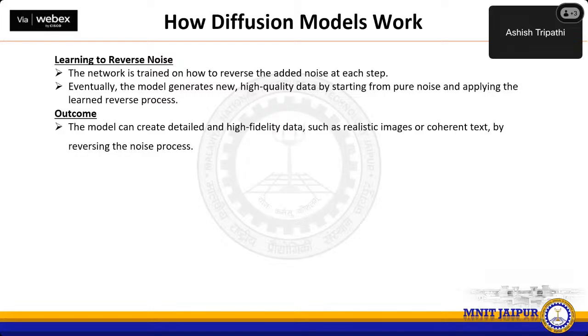We have already discussed learning to reverse noise: we have to train our model in such a way that it learns how much noise has been added in the previous step in order to get detailed, high quality data and a realistic image.